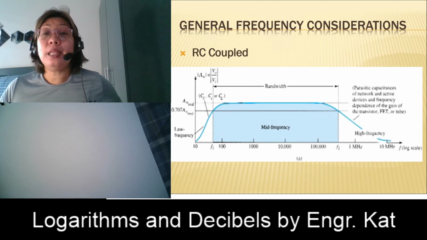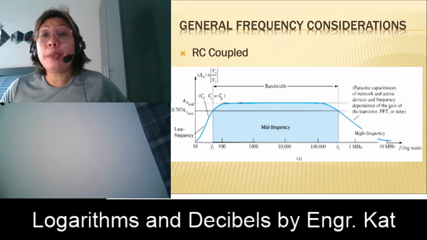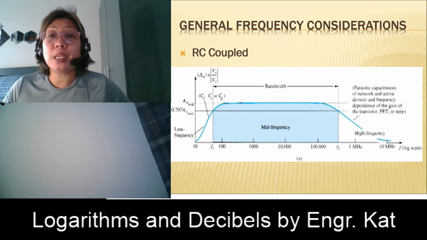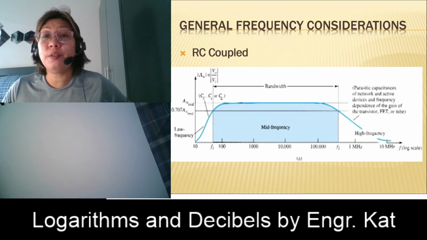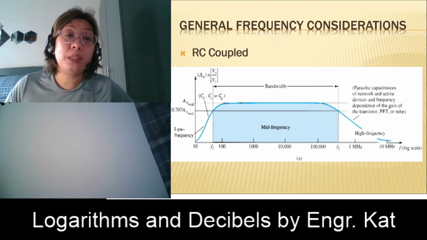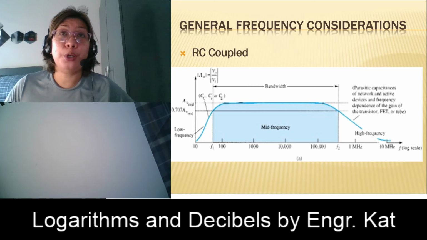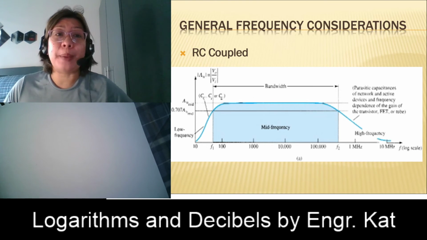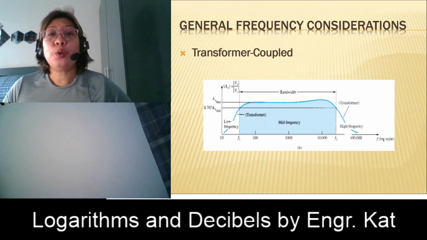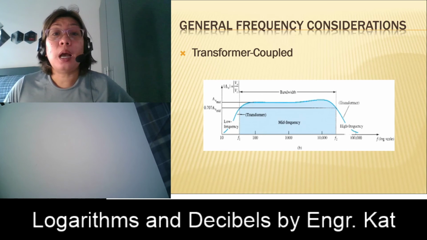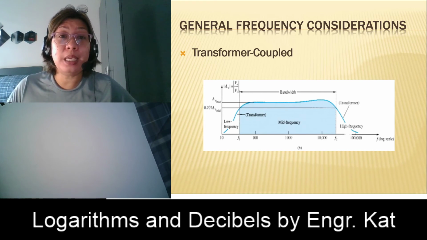And then, for the upper cutoff, these are made of the parasitic capacitances of your networks or your active devices, and your circuit, your ground, and your stray capacitances. So for transformer coupled, your lower cutoff frequency is made up of the transformer.